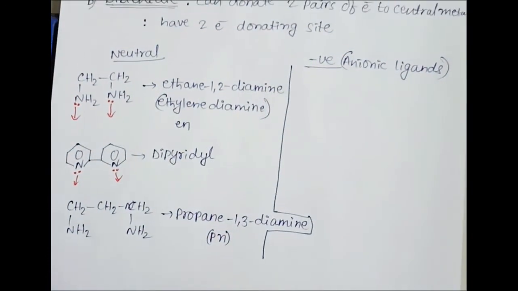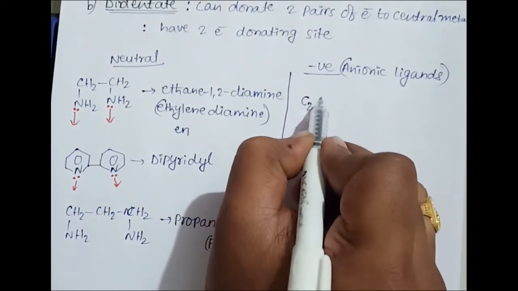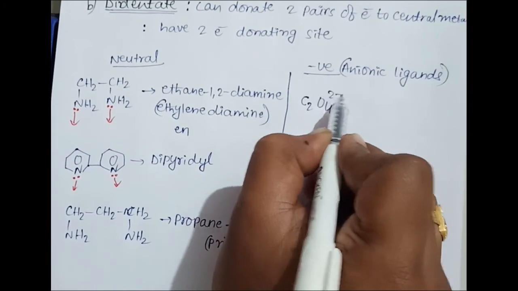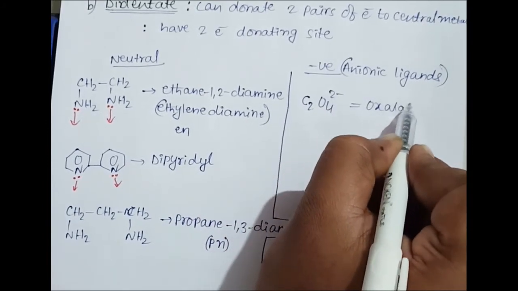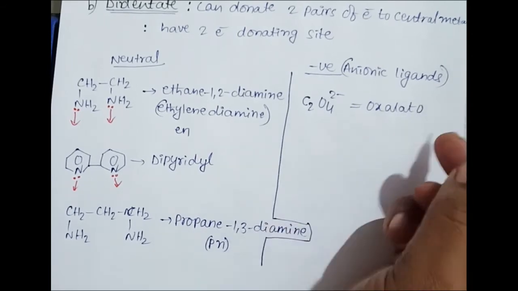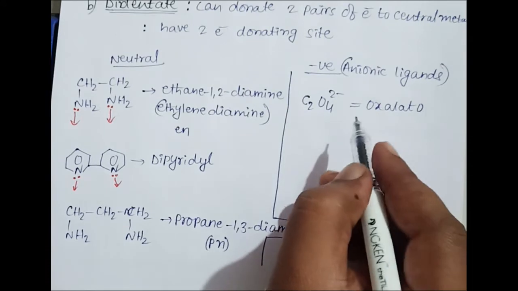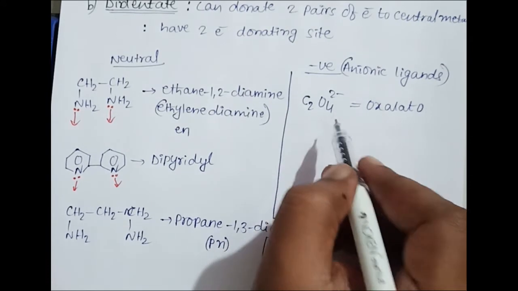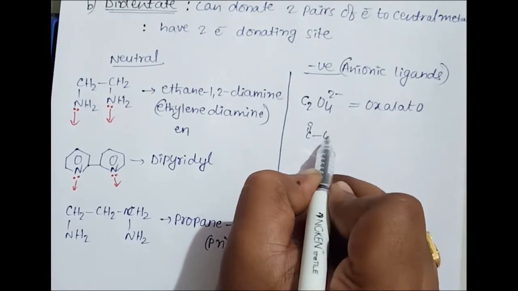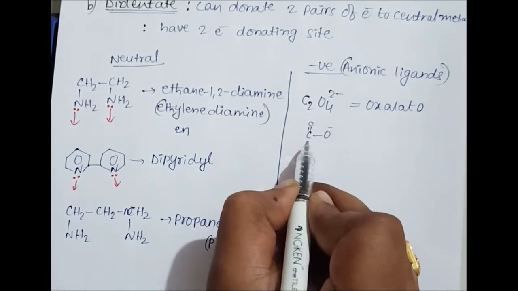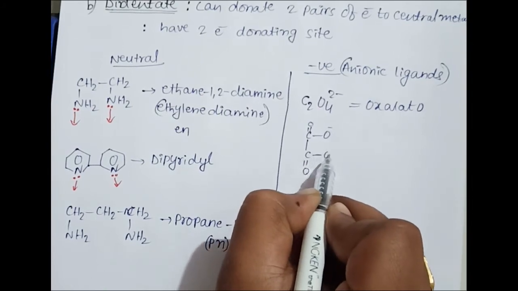Now some anionic ligands, like oxalate, C2O4 2-. This ligand is called oxalate ligand, but we write oxalato because a negative ligand name ends with O. Now you may ask me, sir, show me the structure. Its structure is C double bond O, O-, and another C double bond O, O-.